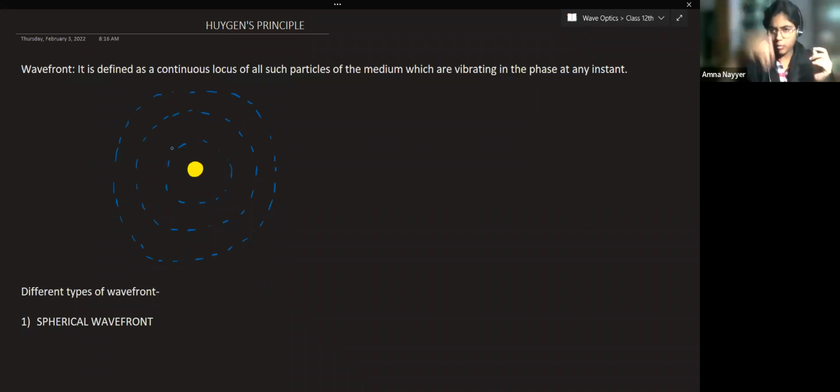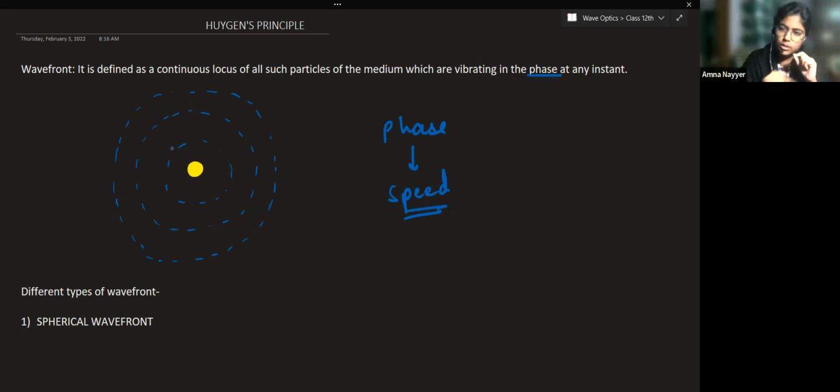Here, phase basically means speed. Every particle that is present is vibrating with the same speed. The continuous locus of all these particles, vibrating at their own places, is what you call the wavefront.